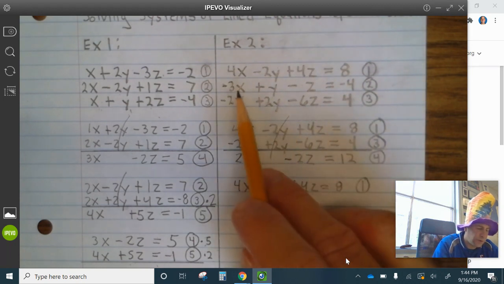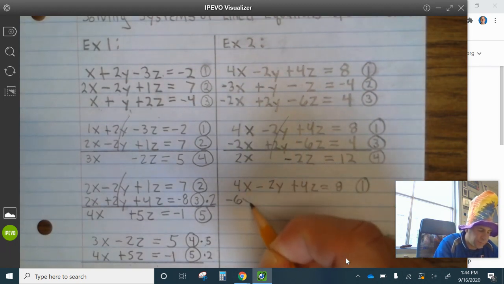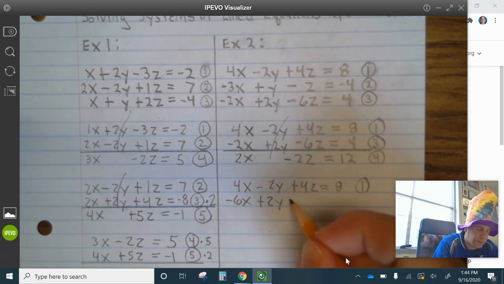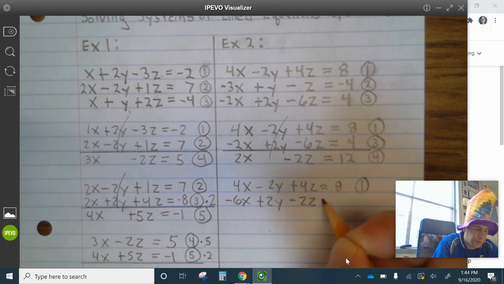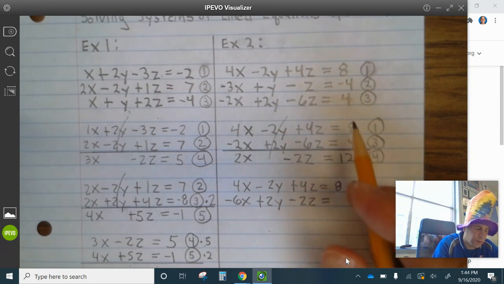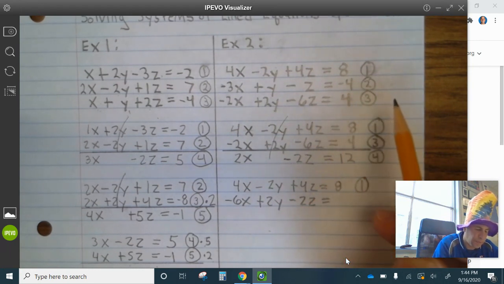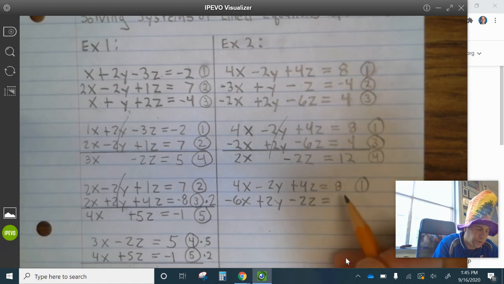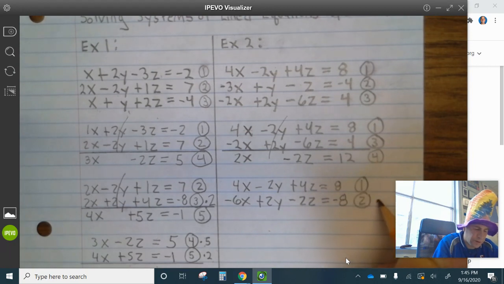So 2 times negative 3 is negative 6x. 2 times y is plus 2y. 2 times negative z is negative 2z equals 2 times negative 4, which is negative 8. So that's equation 2 times 2.